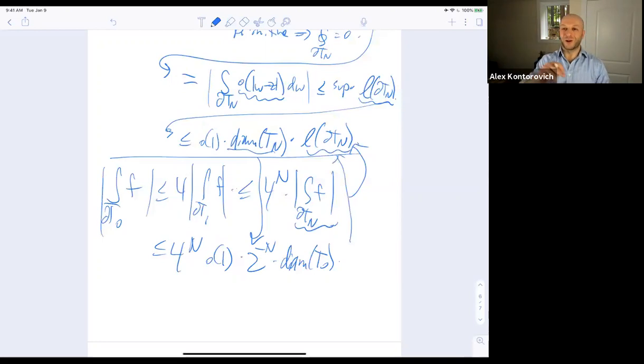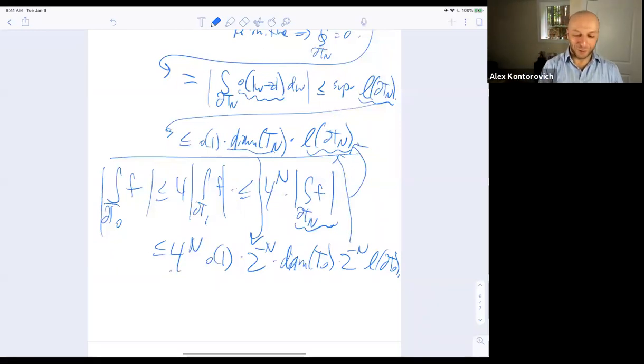The perimeter of the triangle. Every time it shrinks by a factor of, altogether, 2 to the negative n. Yeah, every iteration, it picks up a factor of a half also, times the length of the original triangle. And now we're golden.